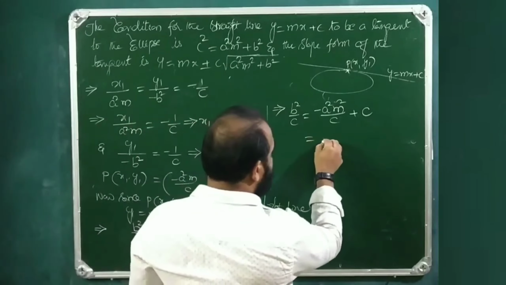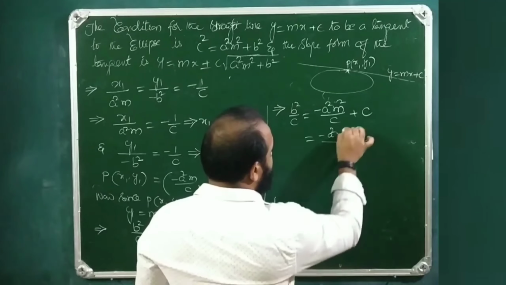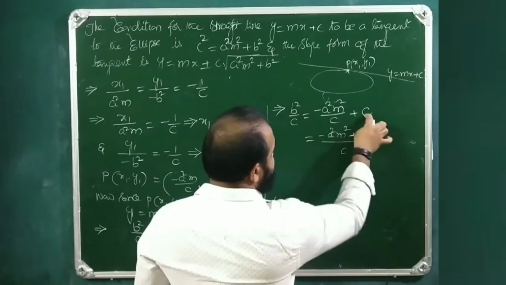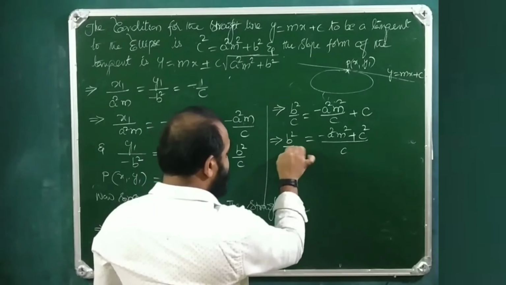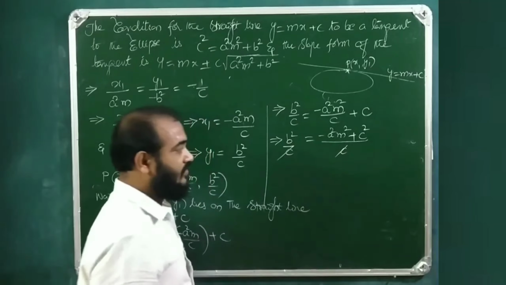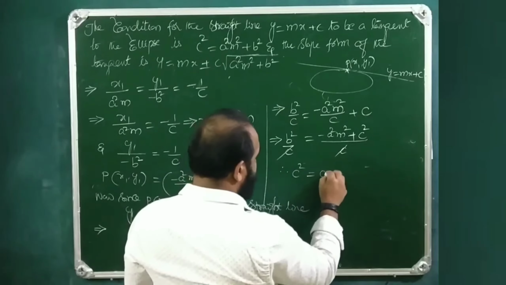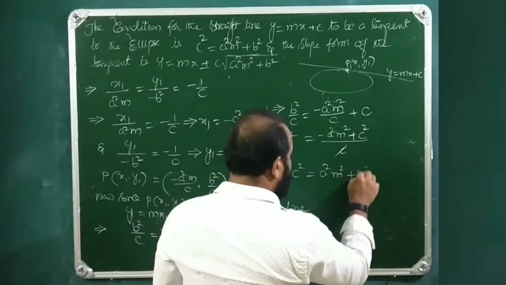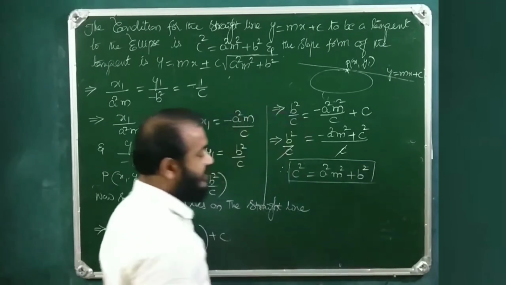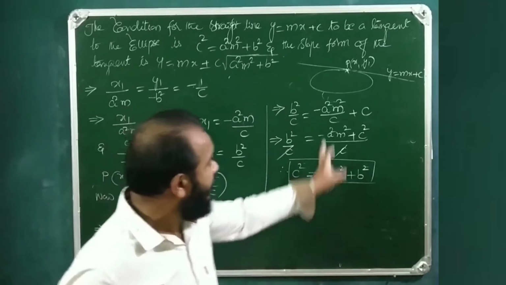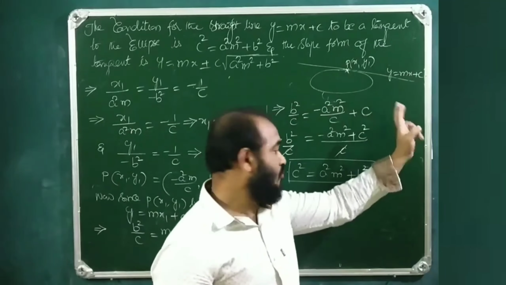If you take the LCM, c, we get minus a square m square plus c square, equal to b square by c. So c on both sides gets cancelled. c square is equal to a square m square plus b square. This is the condition for the straight line y equals mx plus c to be a tangent to the ellipse.